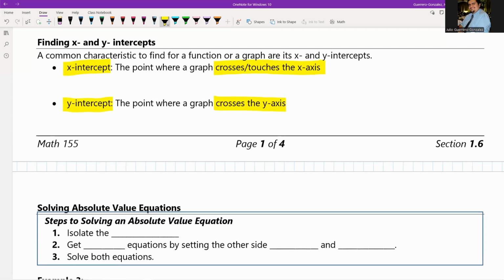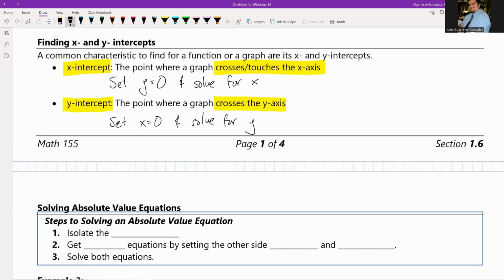All right, so now we need an overall process to figure out how to find x and y intercepts. This is how I like to remember it. Let me write them down first.